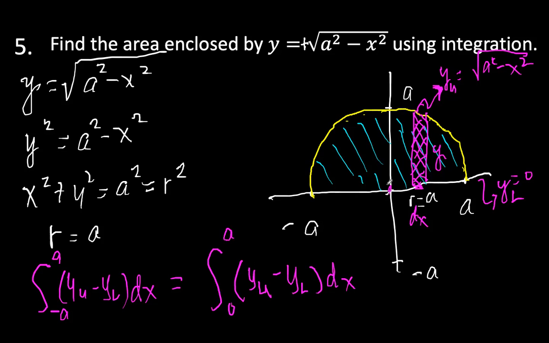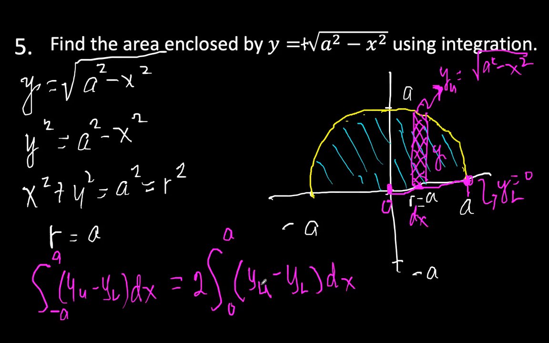Why 0? We can start from here until here, which is a. This is 0. And since they're equal, we can just multiply this by 2. All right, so this is now our guide on how to find the area of this region.